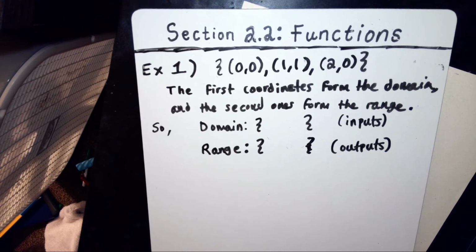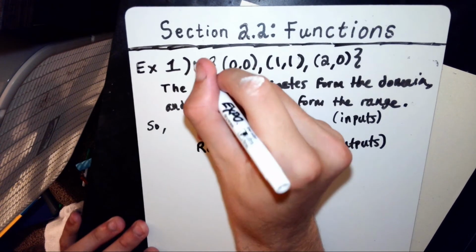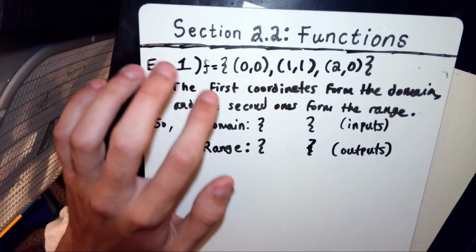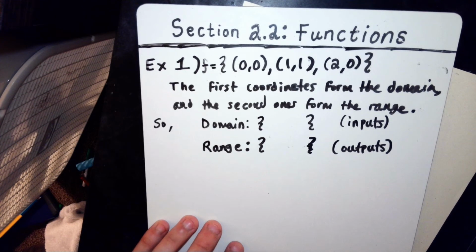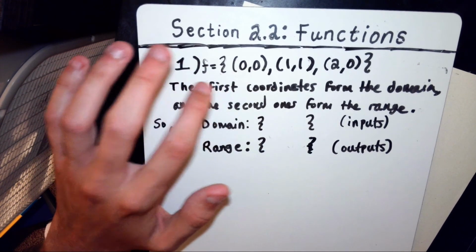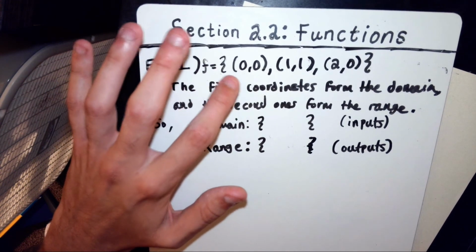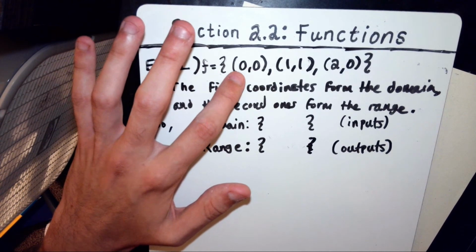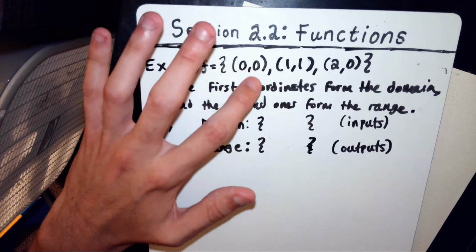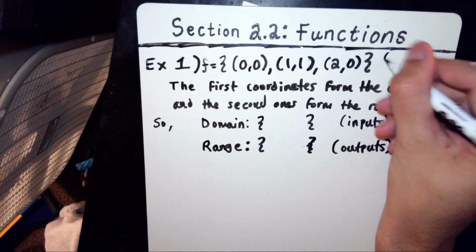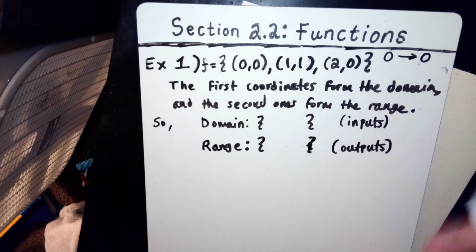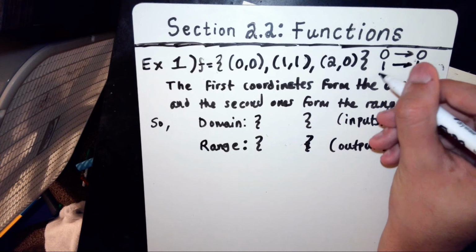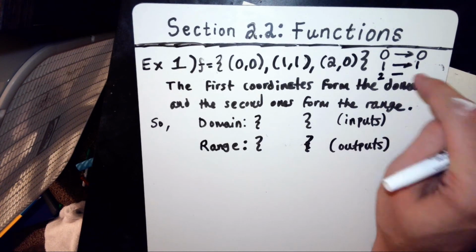So what we have here is technically a function. You can view a set of ordered pairs as a function in the following way. It takes the first coordinate 0 and sends it to 0. Pictorially, 0 is sent to 0, 1 is sent to 1, and 2 is also sent to 0.